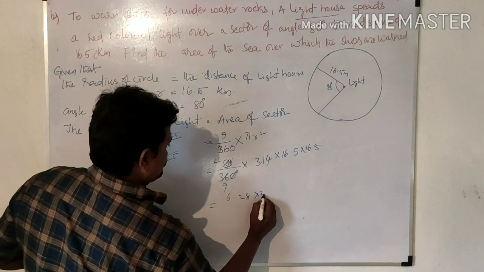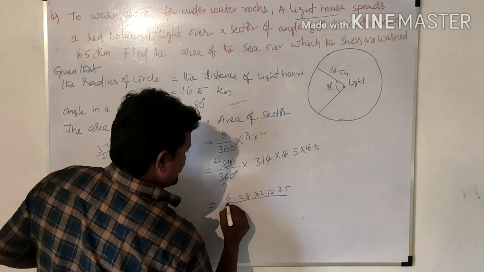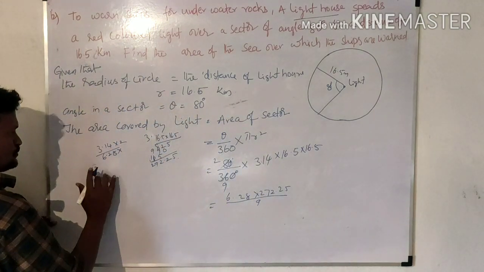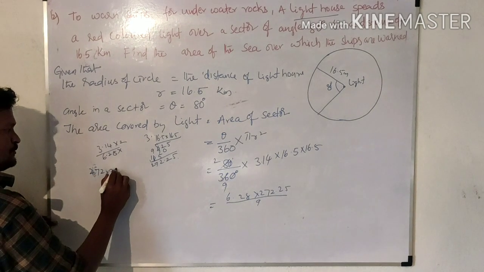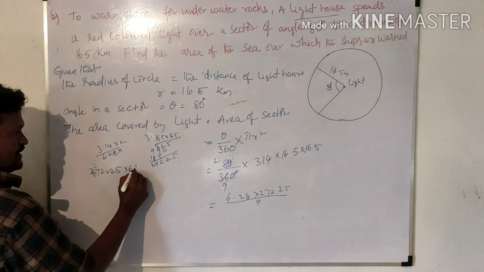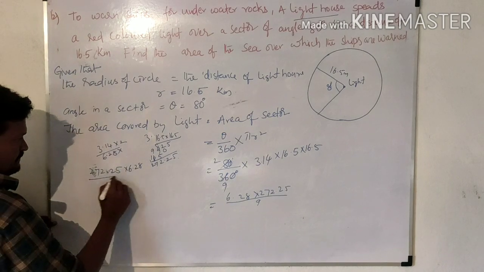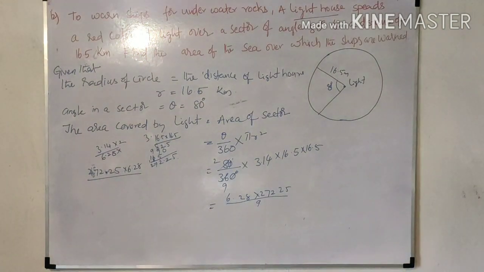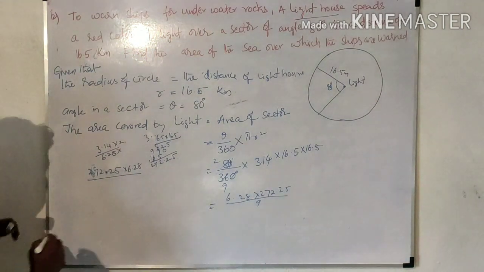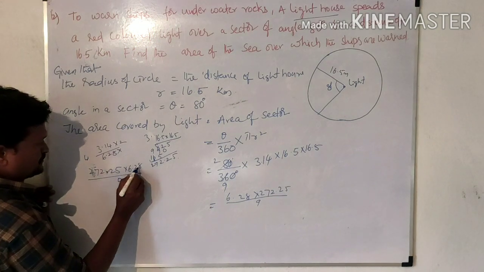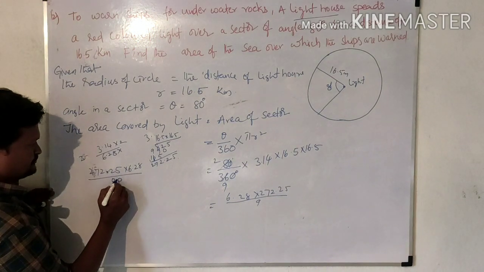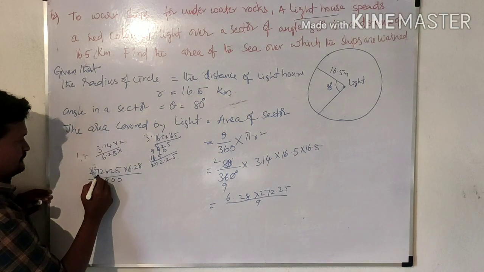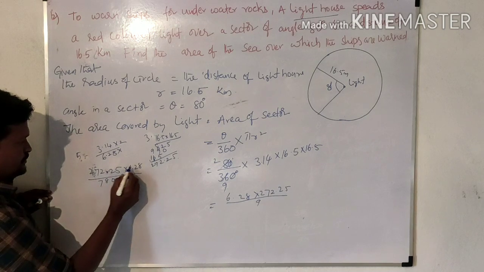So 6.28 into 272.25 by 9. You have to multiply 272.25 into 6.28, divided by 9. Then 8 fives are 40, 8 twos are 16 plus 4 is 20, 8 twos are 16, 18, 8 sevens are 56, 57, 8 twos are 16.